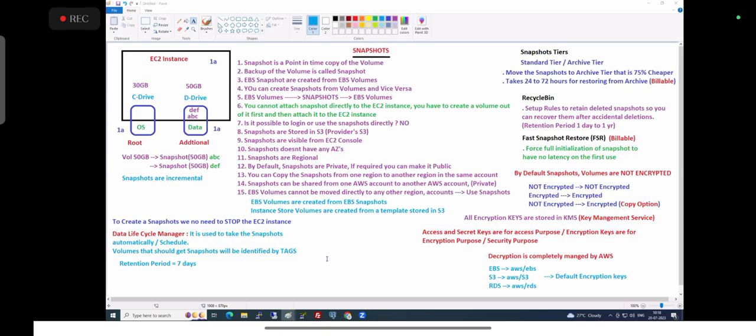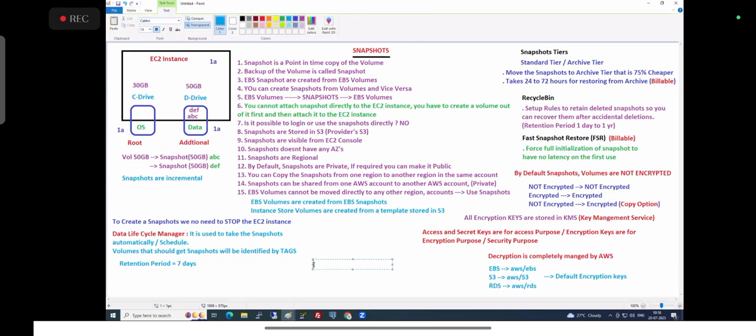Chitty, now we have encryption. Let's say a snapshot is encrypted. Can the encrypted snapshot be shared to another account? What do you think? I have my account and my snapshot is encrypted. Can I share this encrypted snapshot with Utkar in another account?